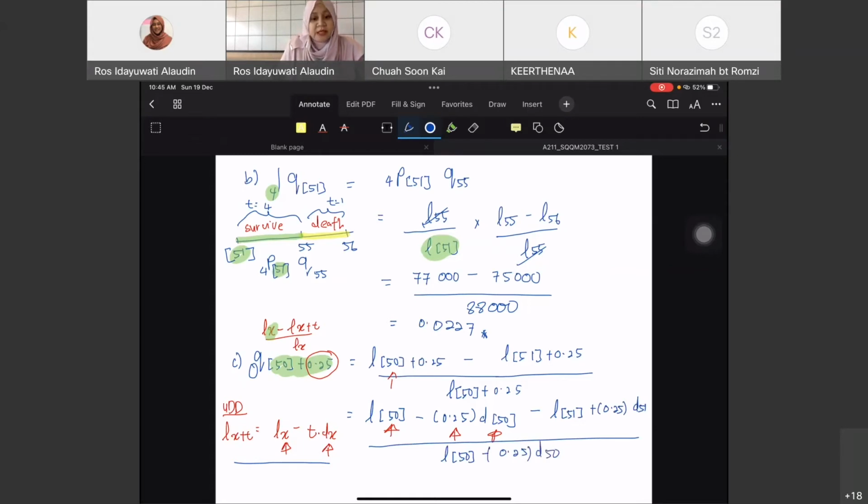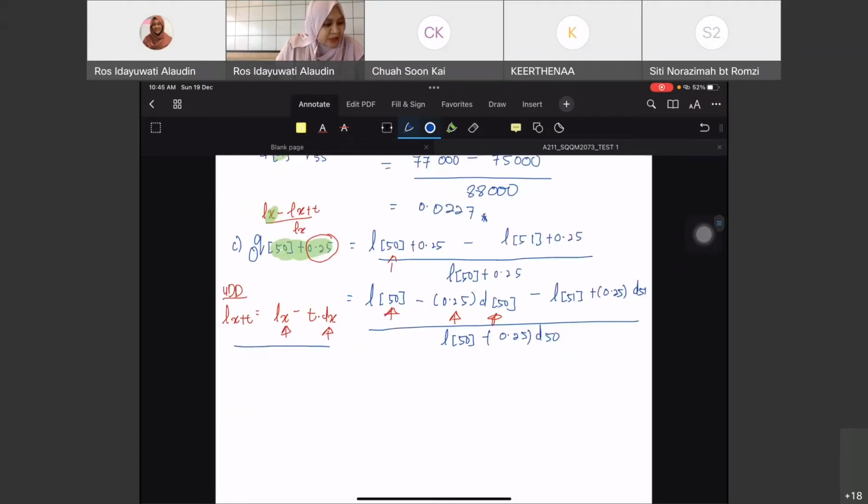Okay, D for 50. So now you have to find the value for dx. So the dx is Lx minus Lx plus 1.